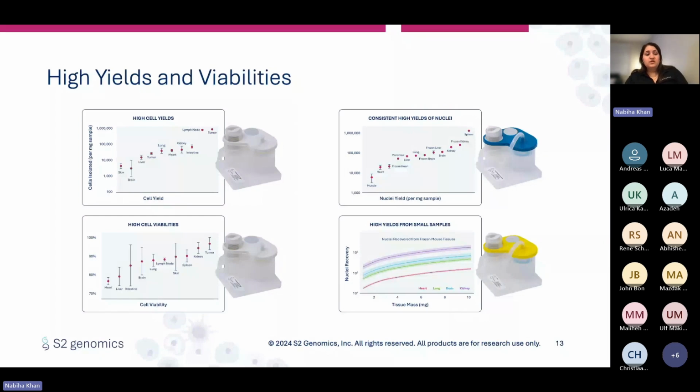Nuclei yields show a similar trajectory, with nuclei ranging from 7,000 nuclei per milligram of tissue to hundreds of thousands of nuclei per milligram, again, depending on the expected cell density of the tissue. And now with our specialized NIC Plus cartridge, you can obtain thousands of nuclei from tissue samples as low as 2 milligrams in size.